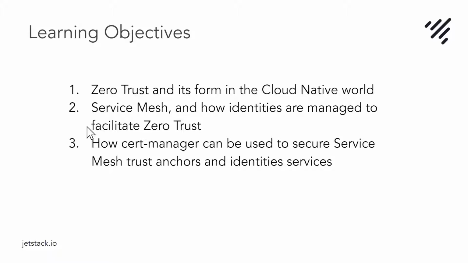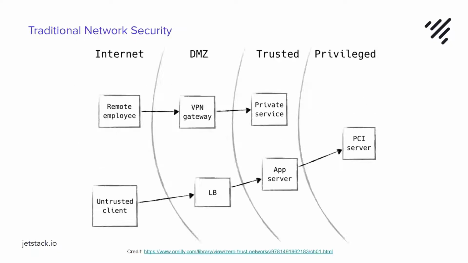We're also going to look at how you can plug in Cert Manager. We're behind the project, and Josh has been working on some of the integrations that tap into managing certificates and providing those to the mesh. And we've got a number of demos as well, so let's get going.